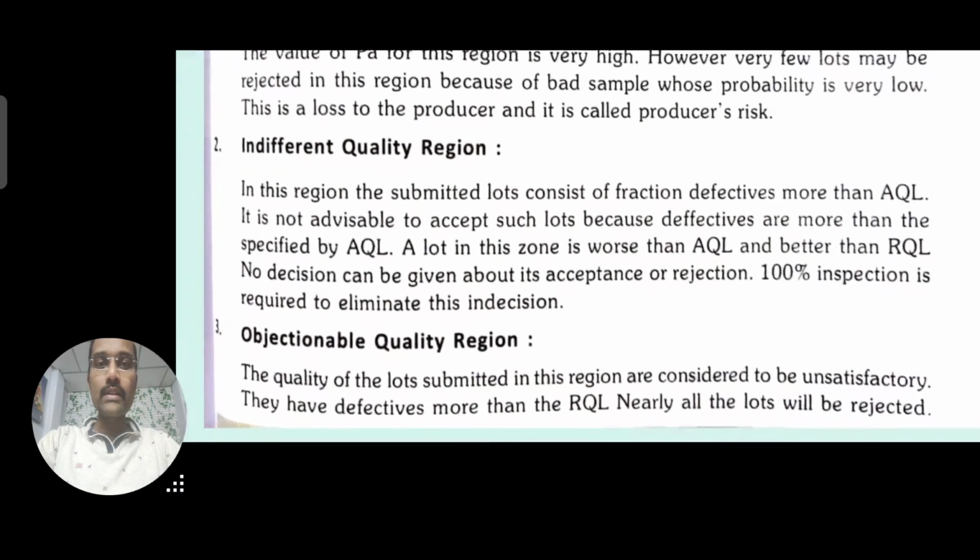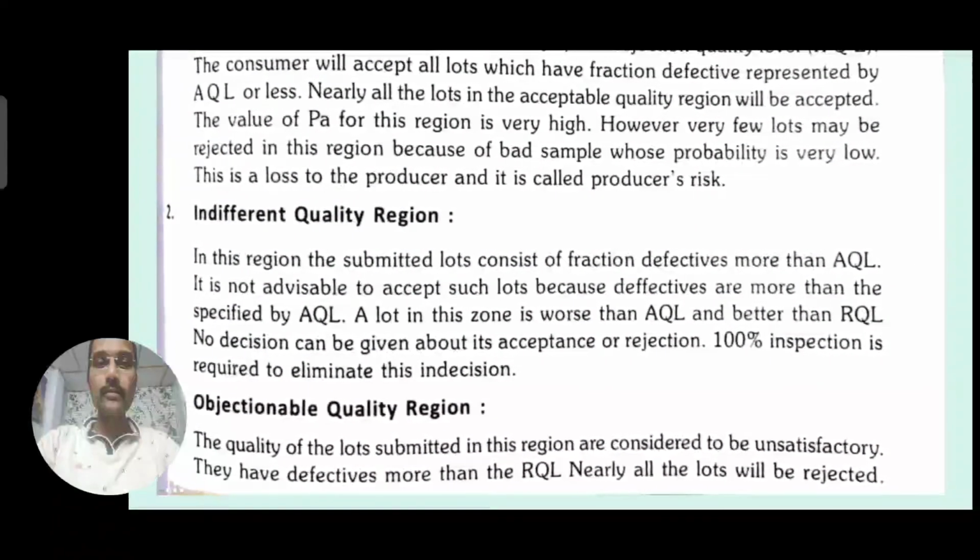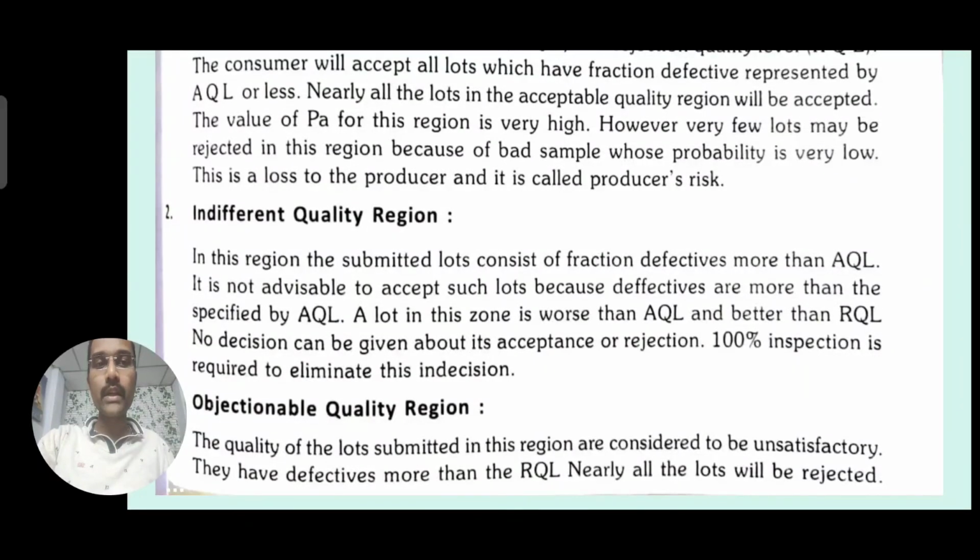The final case is the objectionable quality region. The quality of the lots submitted in this region is considered to be completely unsatisfactory. If the consumer accepts here, it becomes a consumer risk, because the consumer is accepting bad lots.